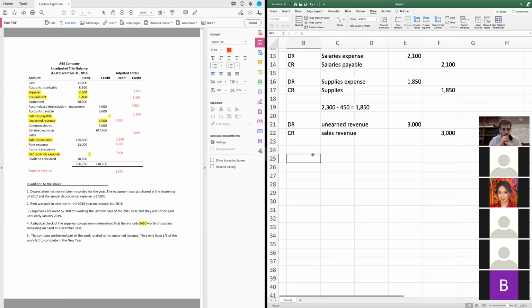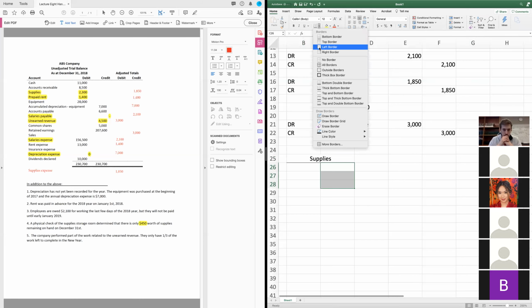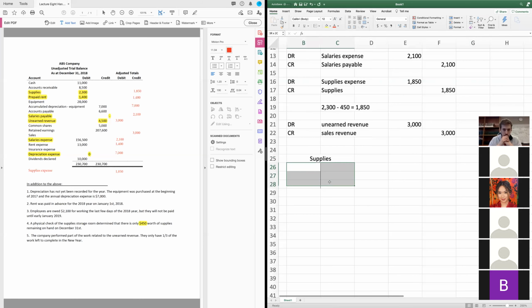So for example, let's use the supplies as an example. I'm going to do a T account for supplies. So this is my T account, right?